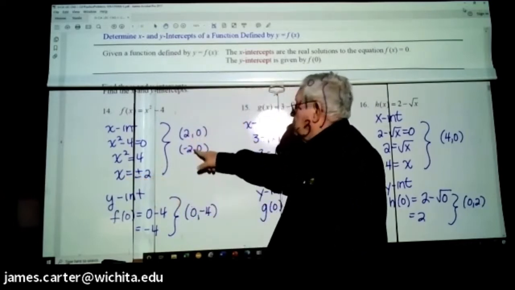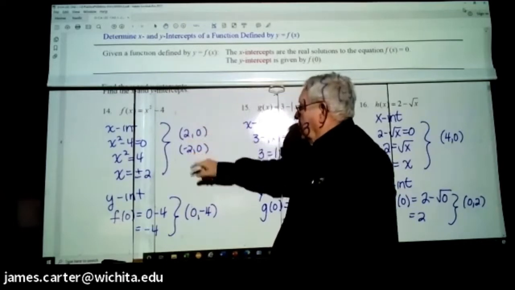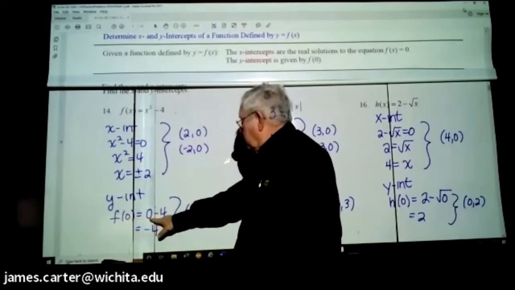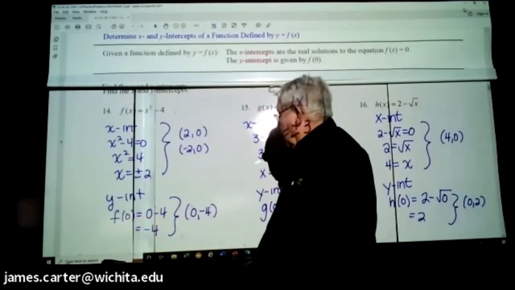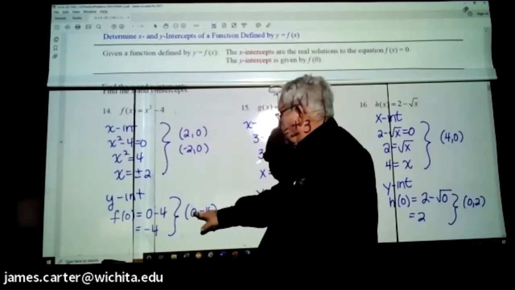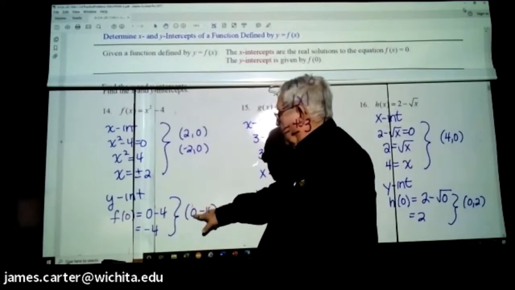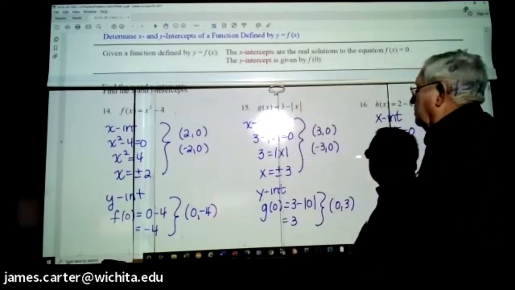Okay, so you have two x-intercepts here at 2 and -2. For the y-intercept, you replace x with 0, x squared is 0 minus 4, you get -4, so you get the point (0, -4), because on the y-intercept, it has to be on the y-axis, which is x equals 0. So here would be your y-intercept.